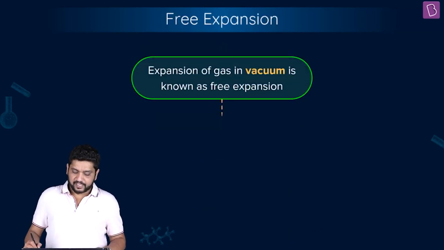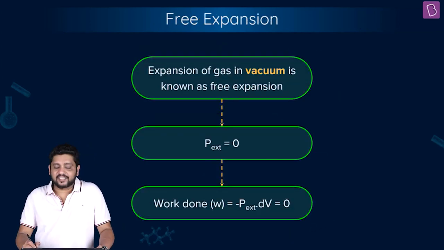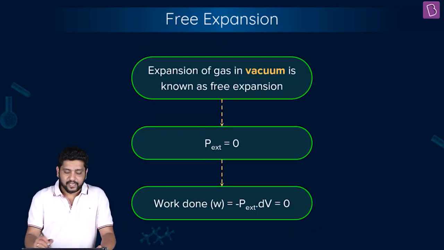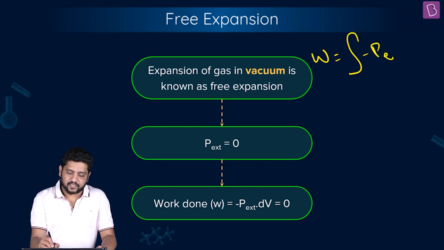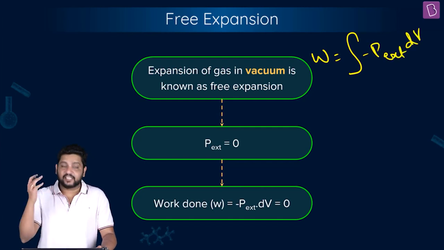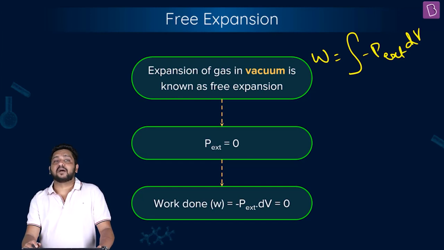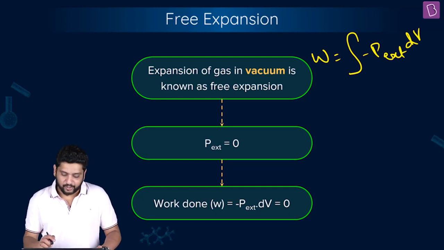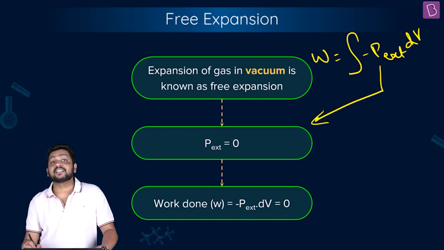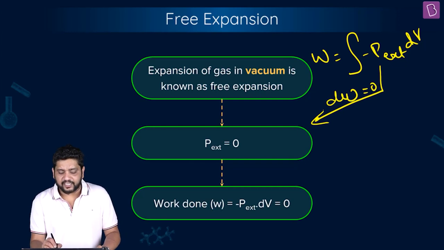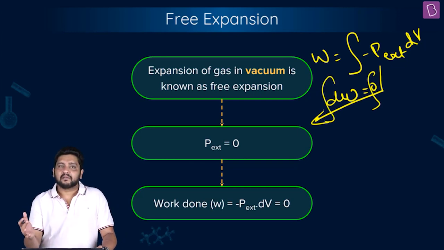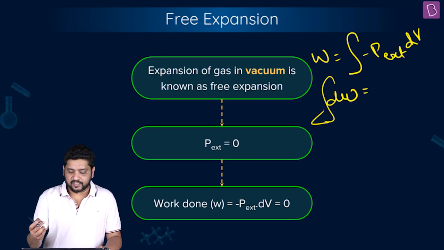Now think about this. As far as free expansion is concerned, our P external is 0, right? So we say that work done is equal to the integral of minus P external dV. But since it is free expansion where P external is equal to 0, dW is also 0, and the integral of dW is obviously going to be 0 because there is no work done.